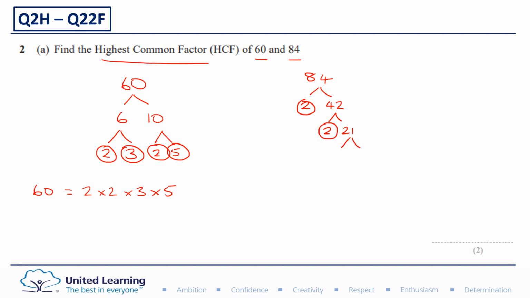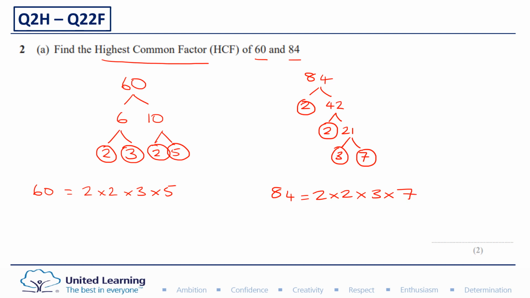And 21 is 3 times 7. Obviously, there's different starting values that I could have used to split up 84. I might have used 12 times 7. I might have used 6 times 14. Either way, I should finish with the products of primes the same at the end. So 84 is 2 times 2 times 3 times 7.